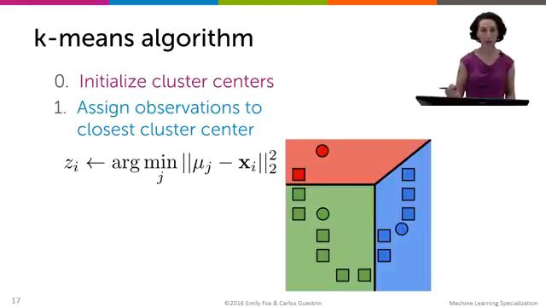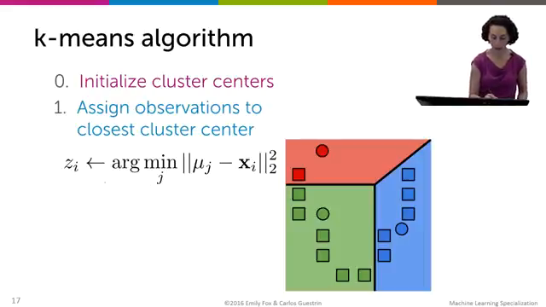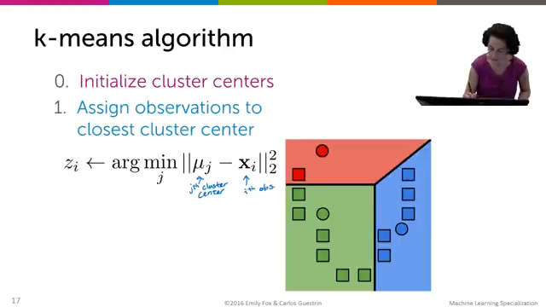And then having defined those cluster centers, the next step of the algorithm is to assign observations to the clusters based on the minimum distance to the cluster center. In equations, that's written right here, where this is our jth cluster center, and xi is our ith observation.